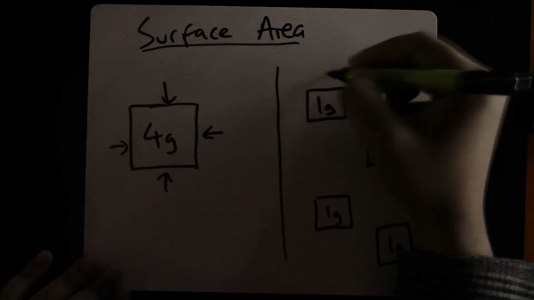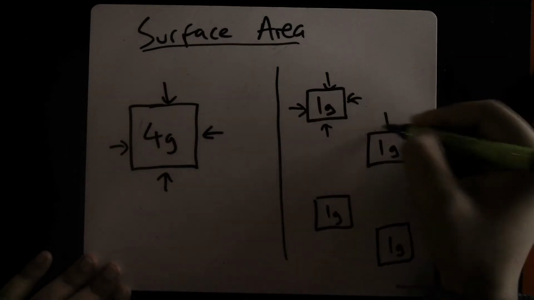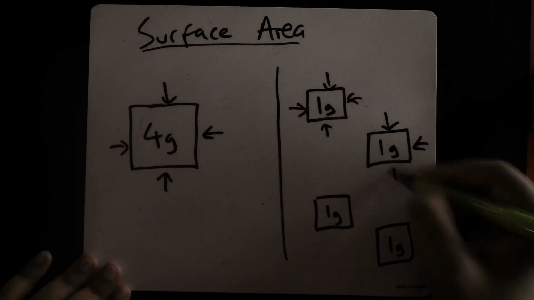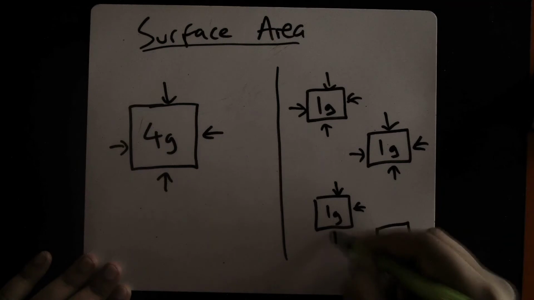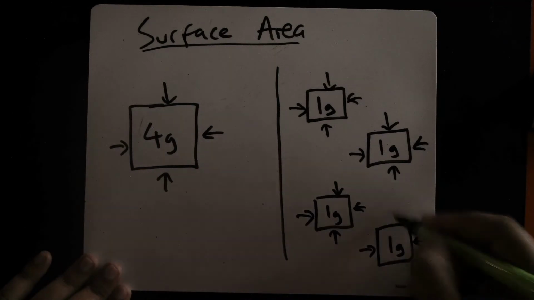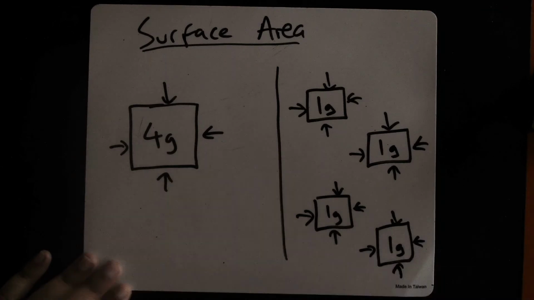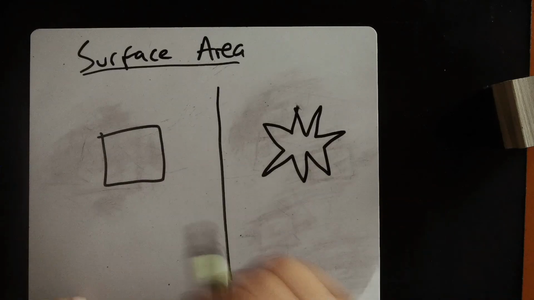We have more surfaces available for collisions. And because of that, we'll have more frequent collisions and a faster rate of reaction. Remember, the smaller the pieces, the faster the reaction.